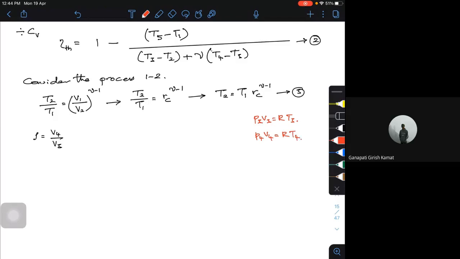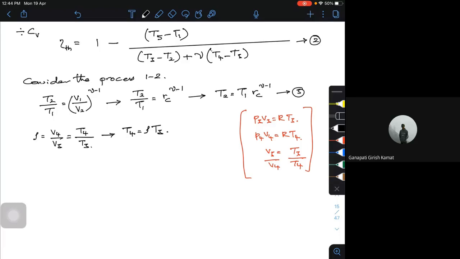Since P3 and P4 are the same, V3 by V4 is T3 by T4. Therefore rho is equal to V4 by V3, which is T4 by T3, or T4 is equal to rho into T3.